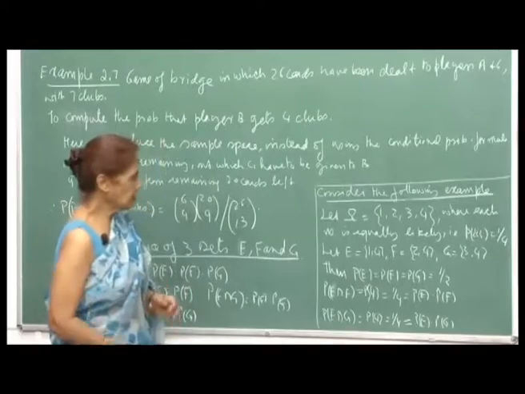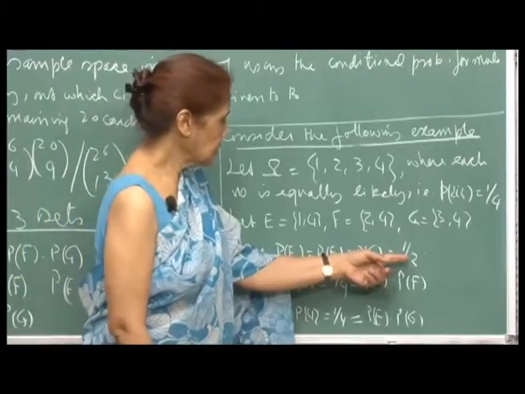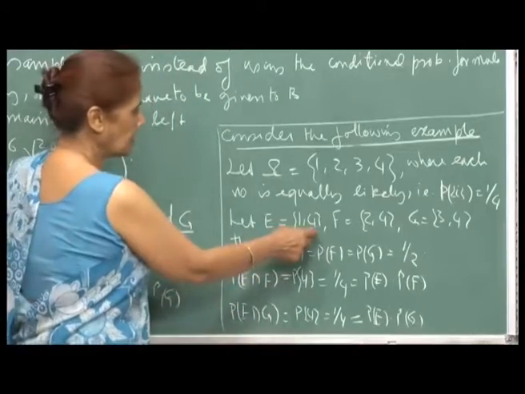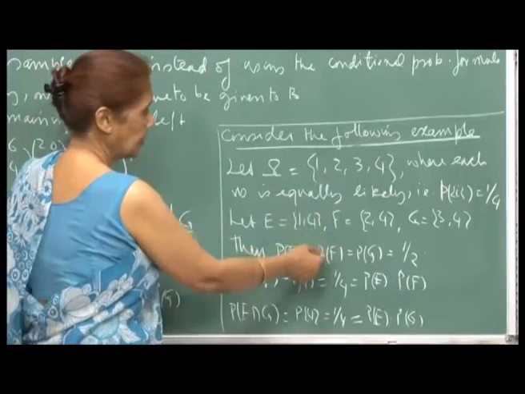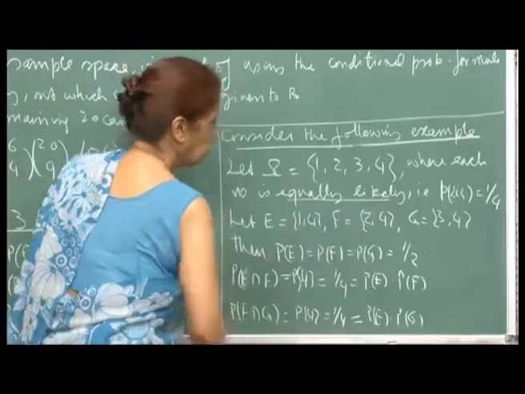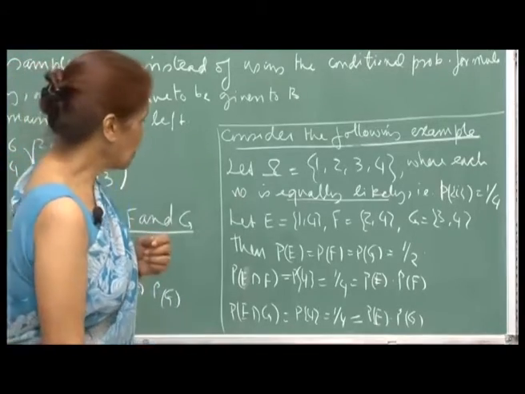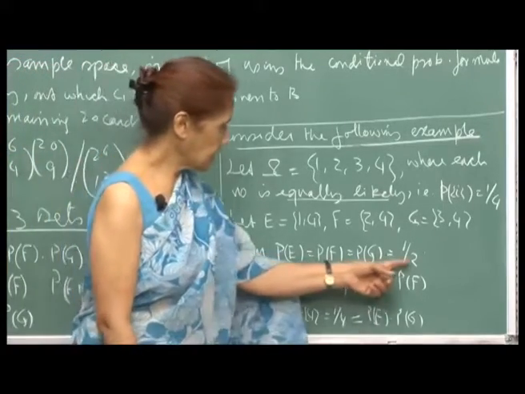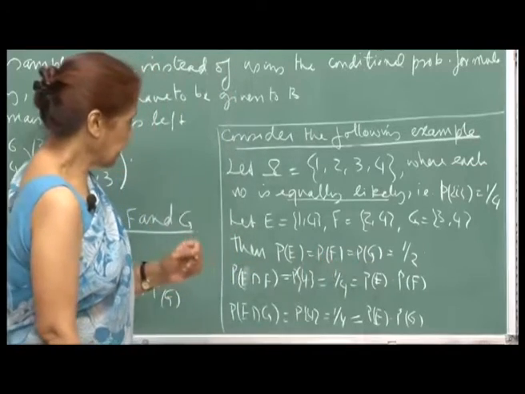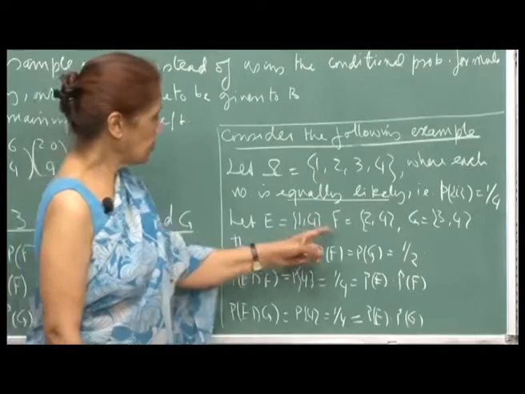In that case, the probability of P E, P F and P G is 1 by 2, because there are 2 numbers out of 4. Again we are using the same concept, because outcomes are all equally likely, so I am using the m by n version of the probability, and this is half for each of the sets. Then probability of E intersection F: E and F have only 4 in common.